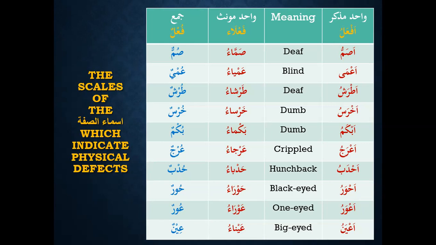Abkam, bakma, bukmun, a'raj, arja, urjun, ahdab, hadba, hudbun, ahwa, hawra, حور, أعور, عورا, عور, فدجال, أعور, أعين, so أعين, big-eyed, عينا, or عين, حور, عين, عين becomes عين, like بويض, because kasra is the sign that goes with yeah.